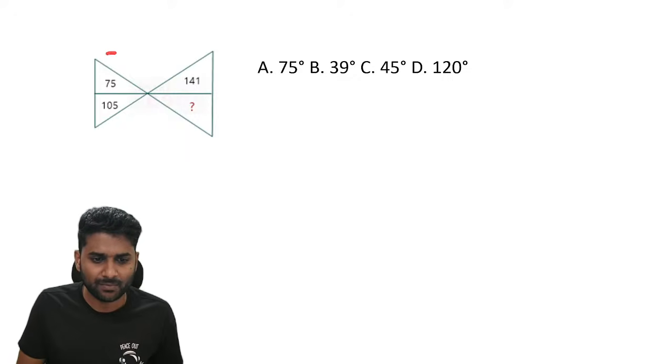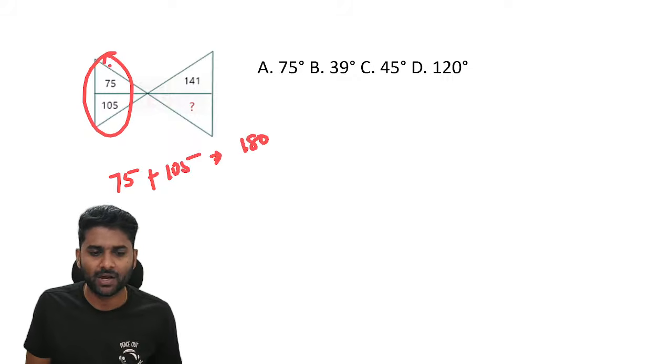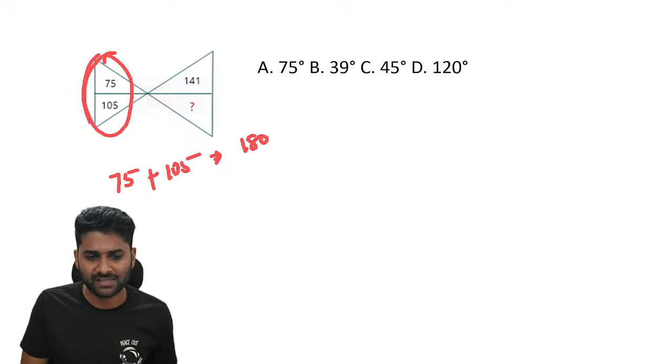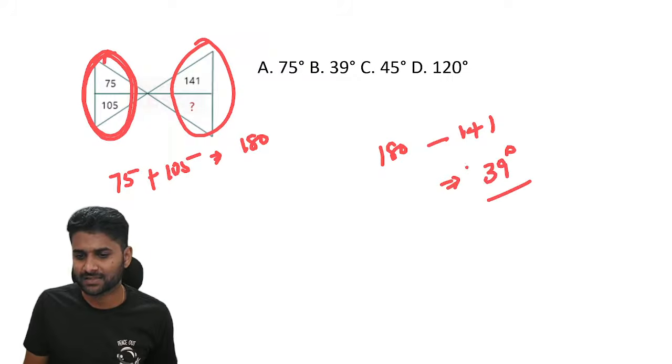If you observe the sum of these two numbers, 75 and 105, the result is 180. Or the sum of all these angles is equal to 360, and if you subtract the sum of 75, 105, 141 from 360, you will get the answer. Otherwise, this sum value is 180 and this sum value must be 180. So the answer is 180 minus 141, which is 39 degrees.